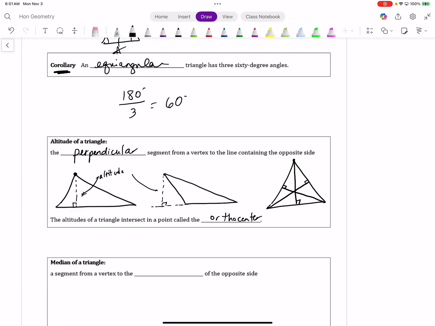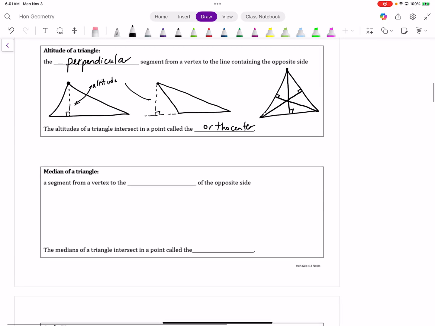Okay. Then there are medians of triangles. A median is a segment from a vertex to the midpoint of the opposite side. So you take just some random triangle, you take a vertex, you find the midpoint of the opposite side, and you draw in a segment. That is called a median.